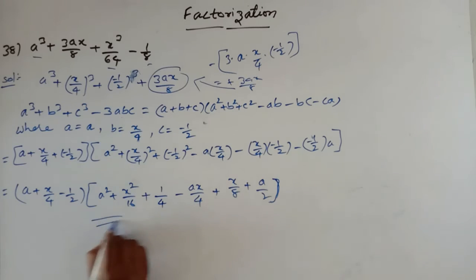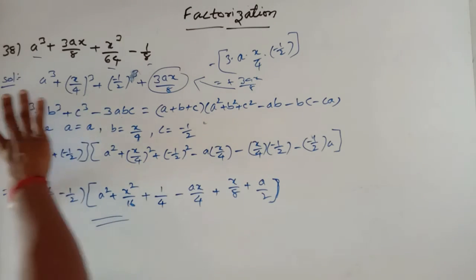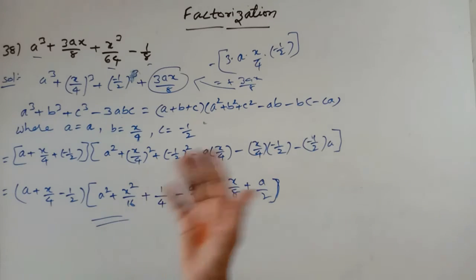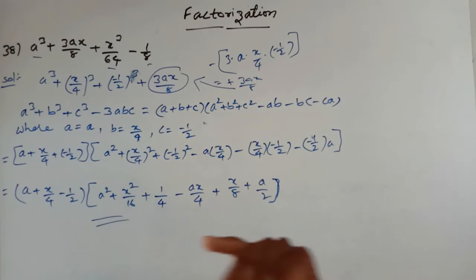So this is the answer for a cube plus 3ax by 8 plus x cube by 64 minus 1 by 8. So in this way we are going to factorize either by using identities or by grouping of terms.